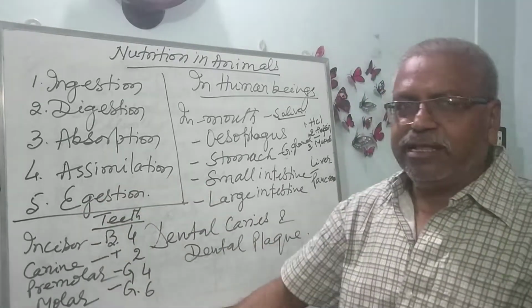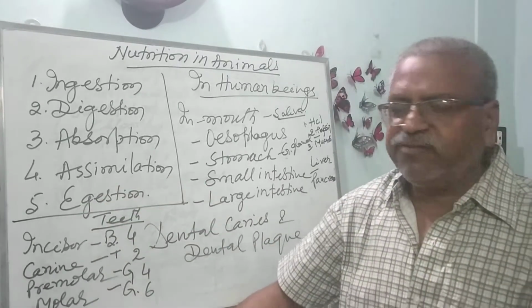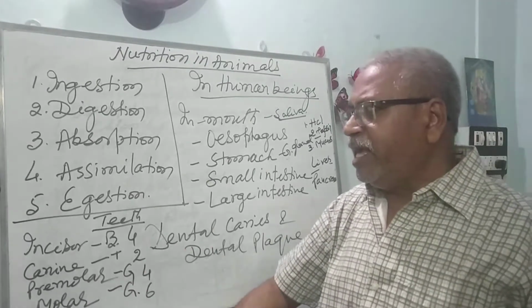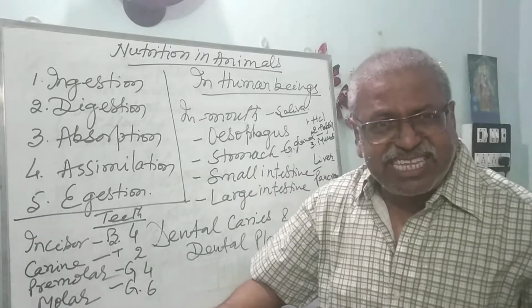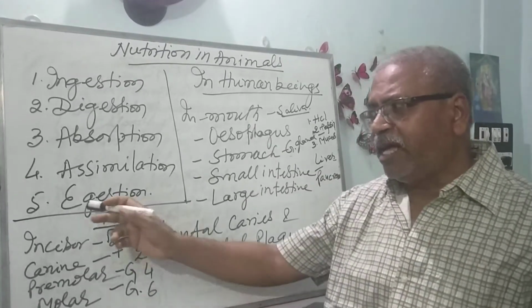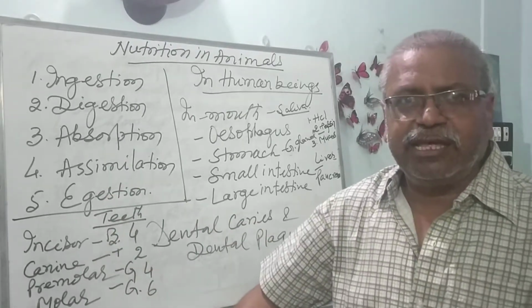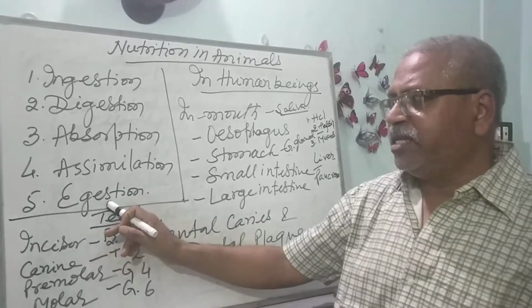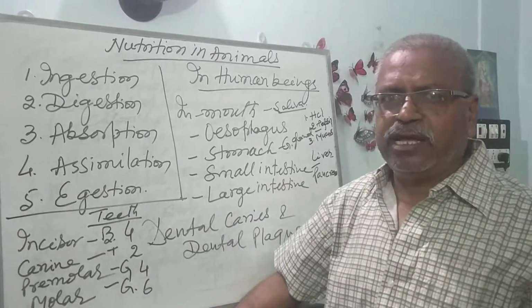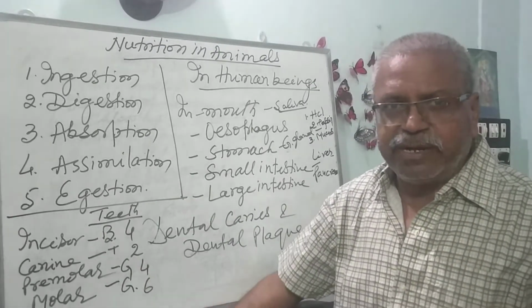Inside the cell, the simplified digested food is utilized to provide energy and constituent of the protoplasm. And the last step is egestion. In this process, the undigested food is removed out of the alimentary canal or the body.